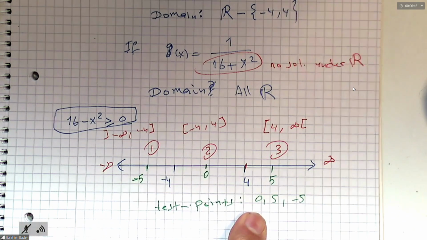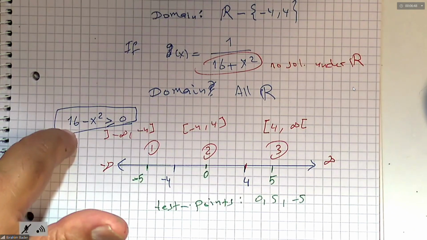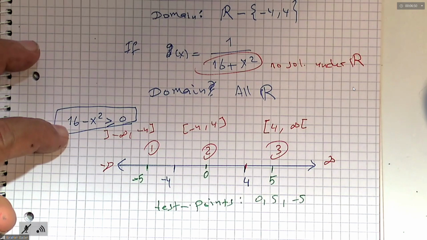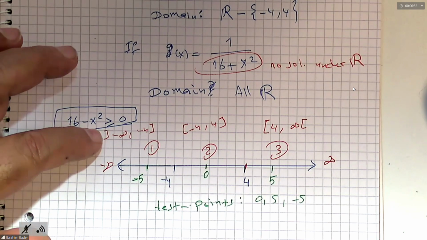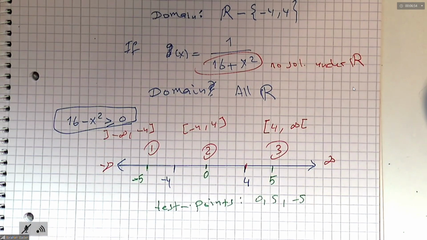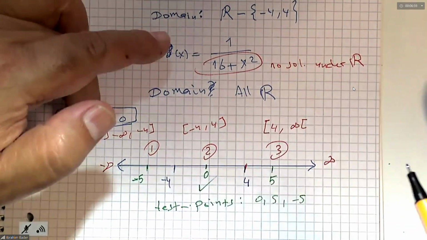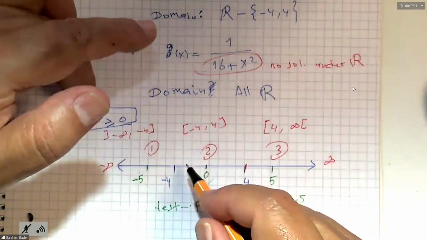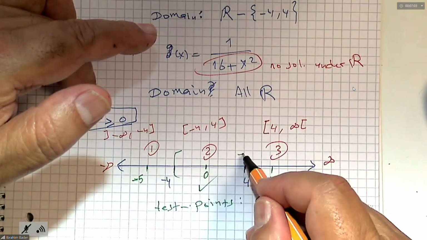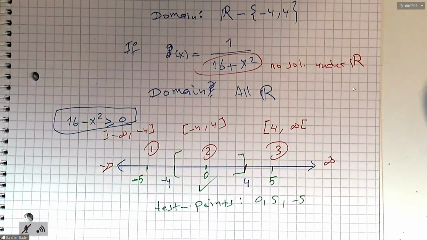I plug the values into the original formula. If I plug in 0 here, I have 16 minus 0 squared greater or equal to 0. So in this region, for these points, I get a number greater or equal to 0, so it is valid for the whole interval. You got this approach? Okay.